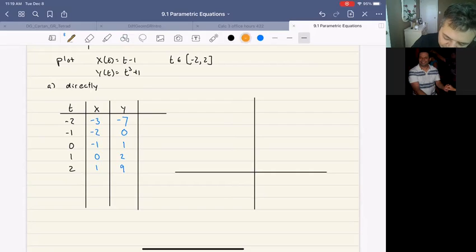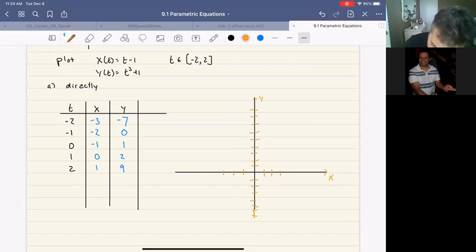Plotting these out, I'm going to plot these points on the xy plane. Got to make sure I have enough tick marks.